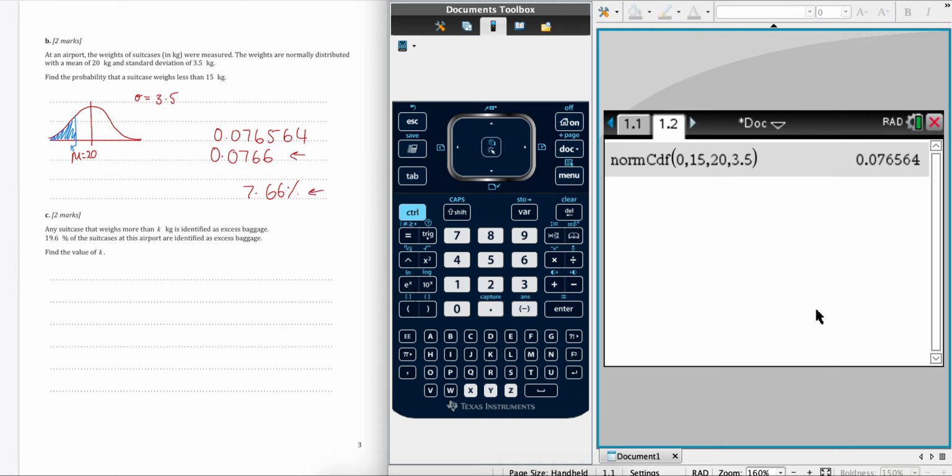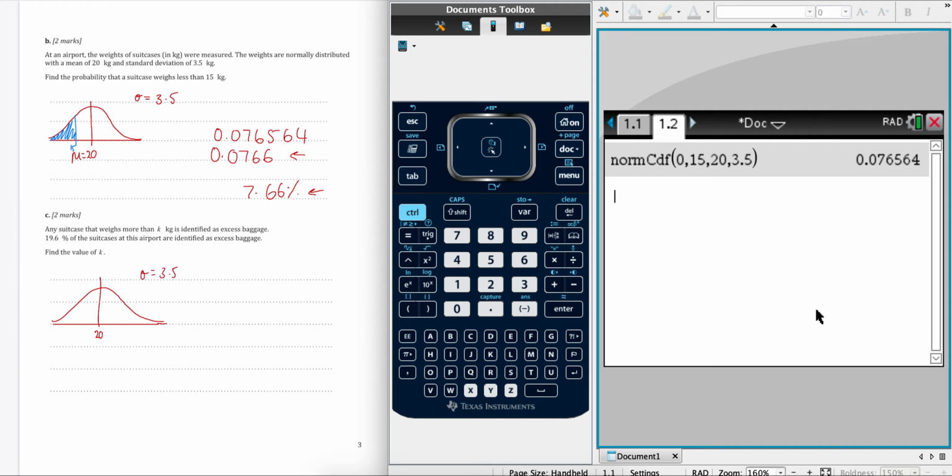And then for the second part, this is like a reverse normal distribution question. So this time, again, we must show some working out. So we need to draw our normal distribution, again keeping it roughly symmetrical, making sure it doesn't cross the axis. It's the same question, so we've got a mean of 20 and a standard deviation of 3.5.